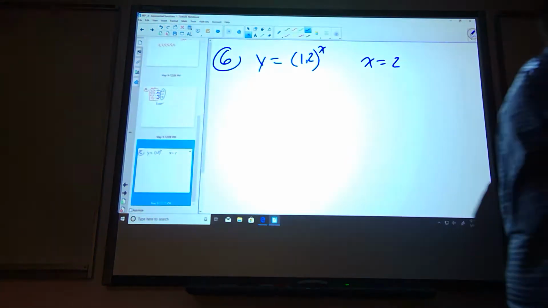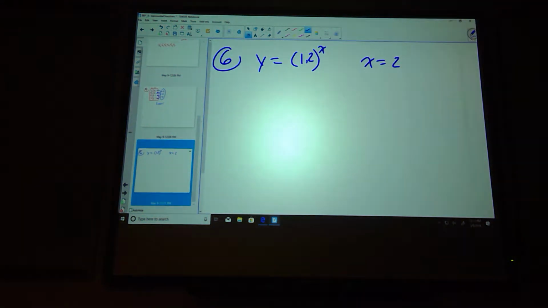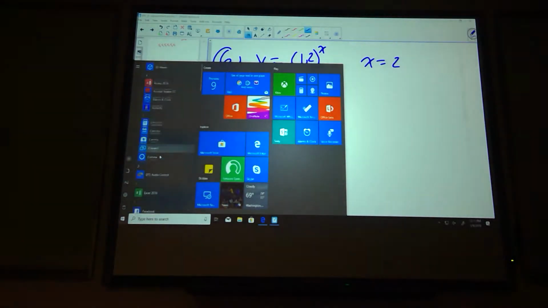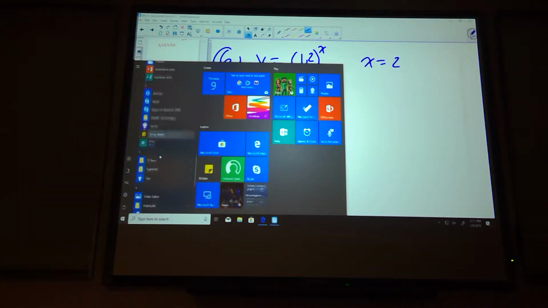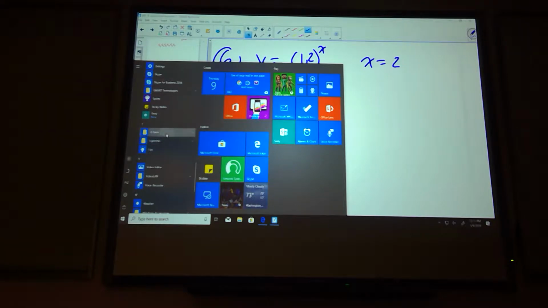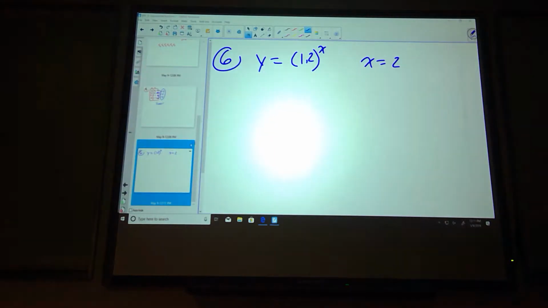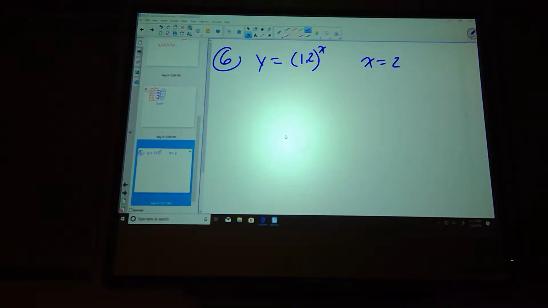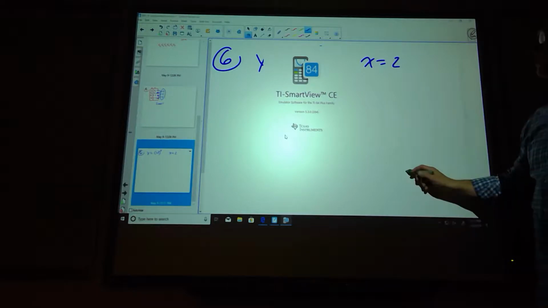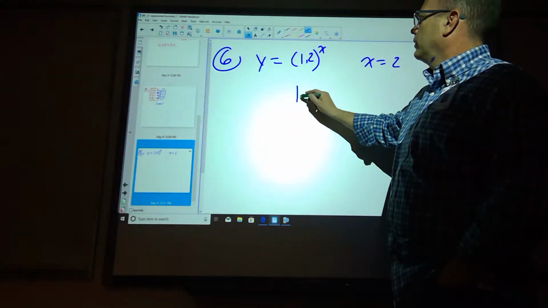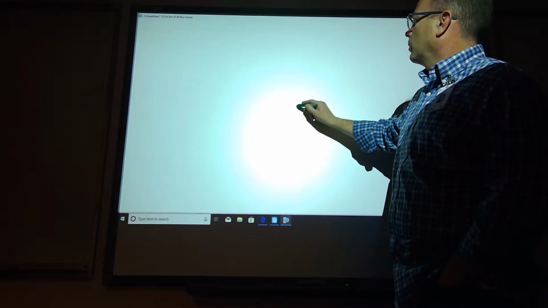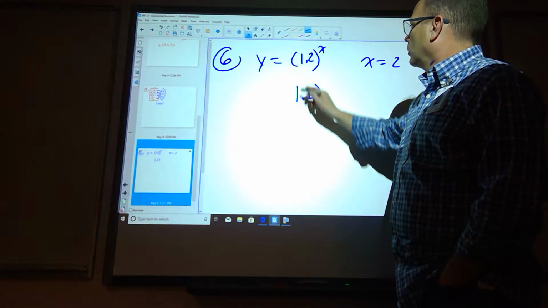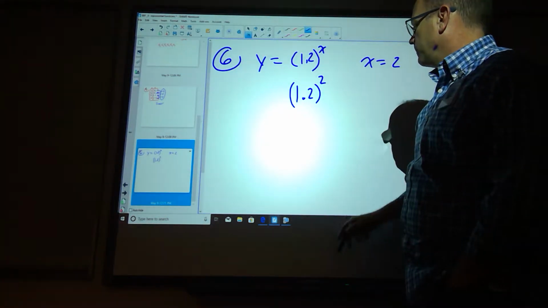All right, so I'm going to pull up my calculator if that's okay. I'm going to replace the x with a 2. Agreed? So right now this is going to become 1.2 raised to the second power.